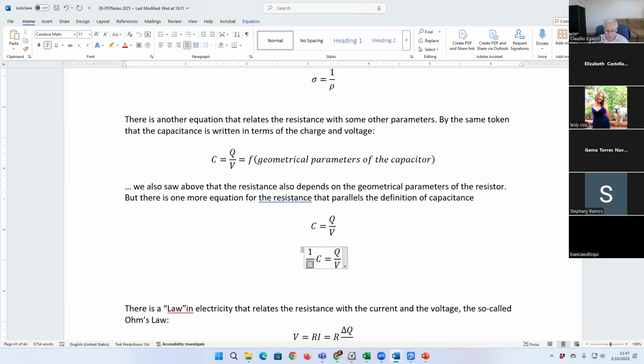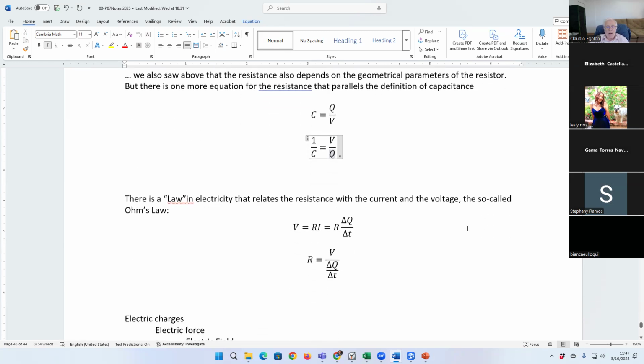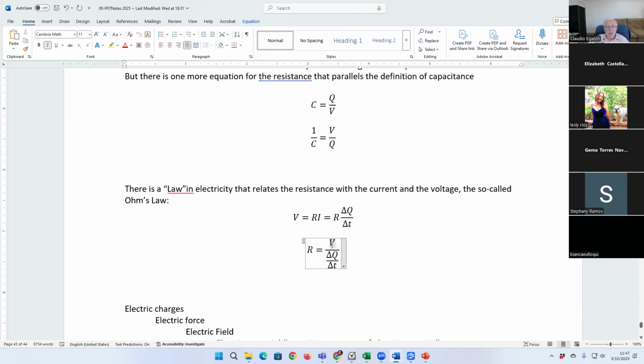The so-called incapacitance now follows just like Ohm's law.